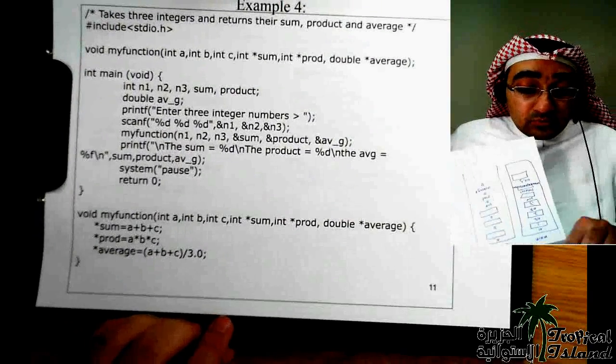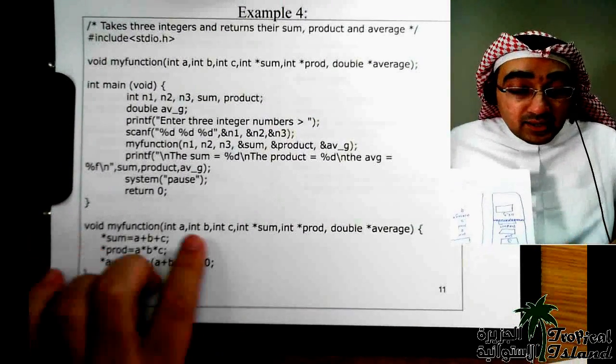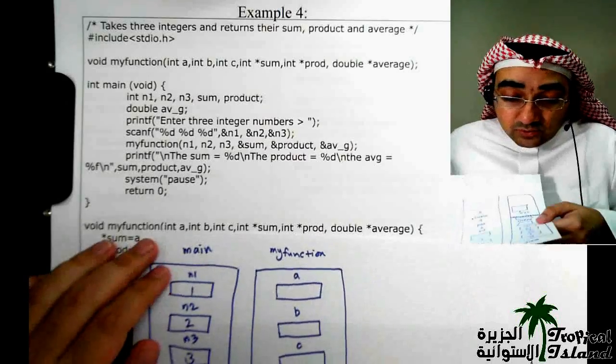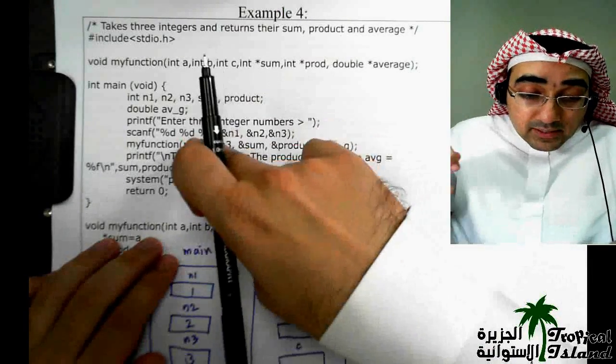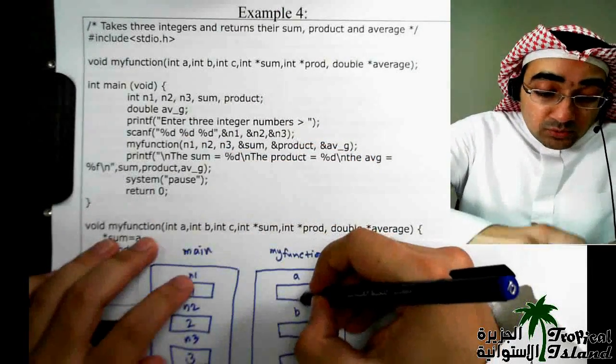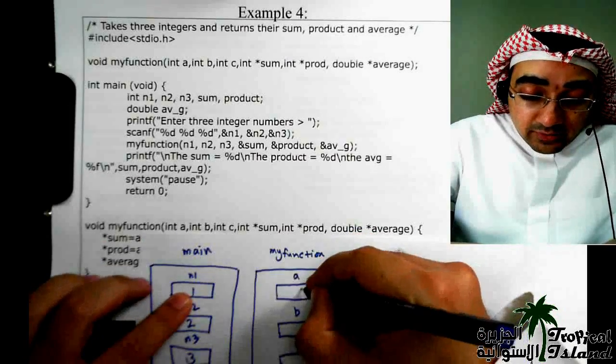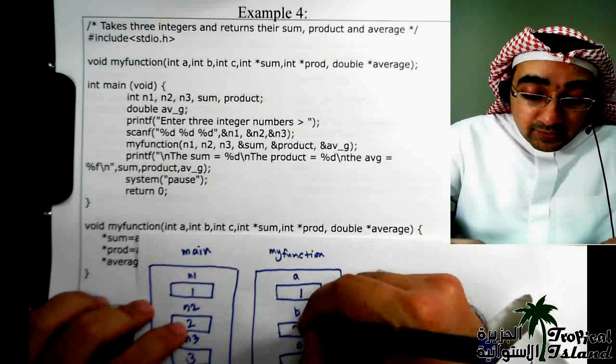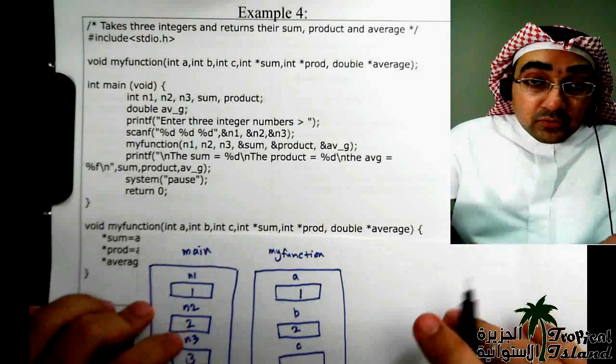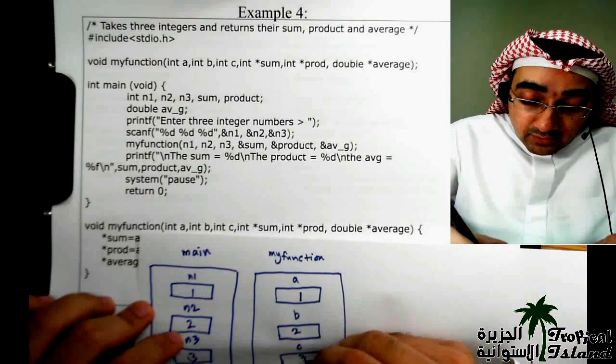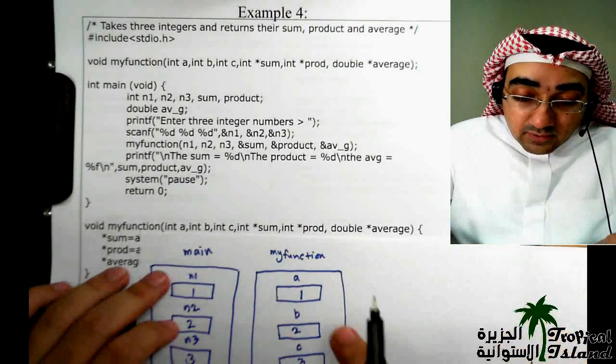Before I come inside this function, I have to pass the values. So n1 will be passed to a, the value of n1, I'm going to copy it and pass it over here, 1, and n2 is going to be 2, so I put it in a photocopy machine and get the value, and n3 is going to be passed to c, so 3 is c.